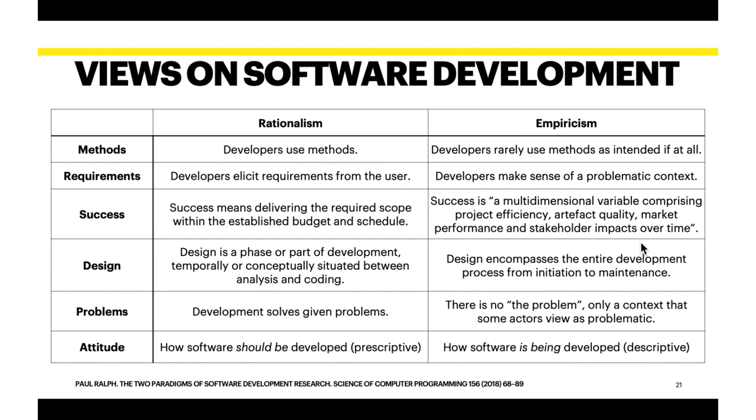When it comes to requirements, in the rational view, developers elicit requirements from the user. So we have a user, the user has a perfect understanding of what they want to achieve, and the goal of the requirements engineer is to interview the user and elicit requirements. According to the empiricists, developers essentially make sense of a problematic context.